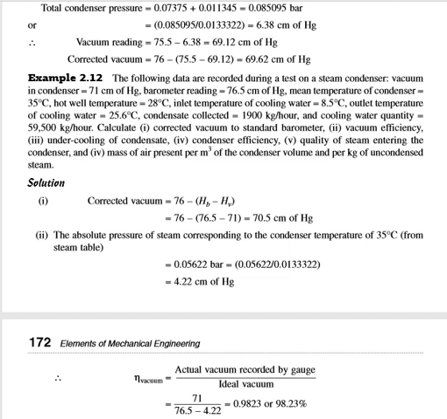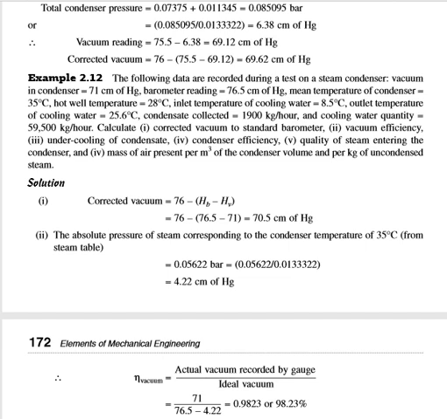Calculate corrected vacuum to standard barometer, vacuum efficiency, undercooling of condensate, condenser efficiency, quantity of steam entering the condenser, and mass of air present per meter cube of condenser volume and per kg of uncondensed steam.